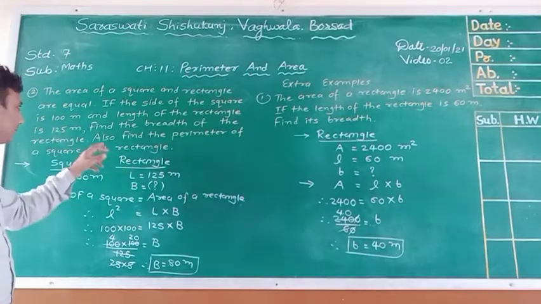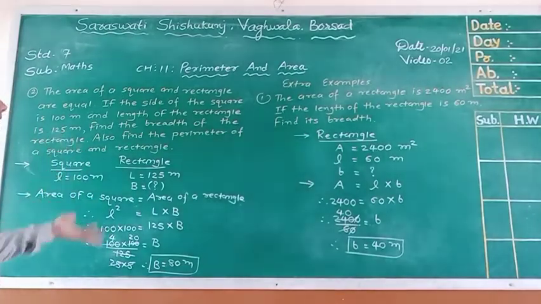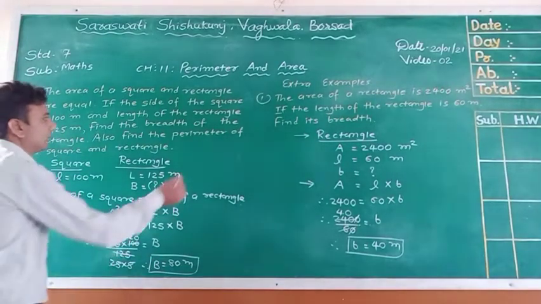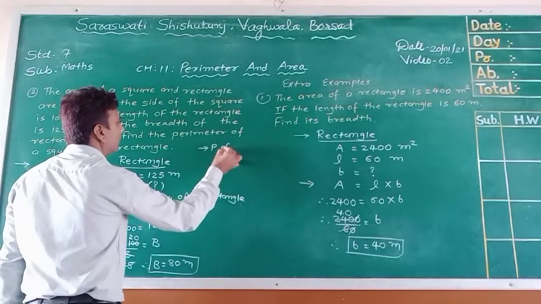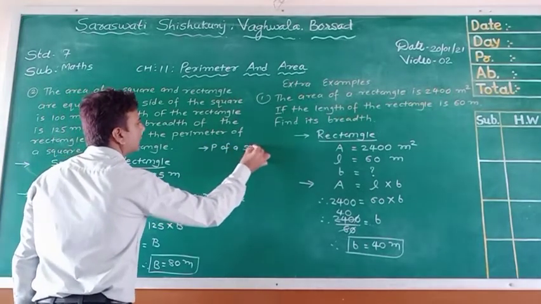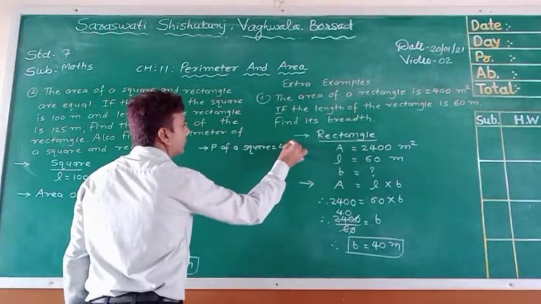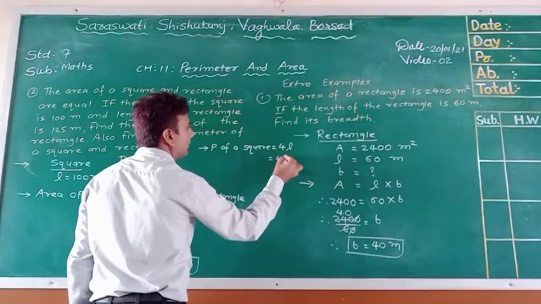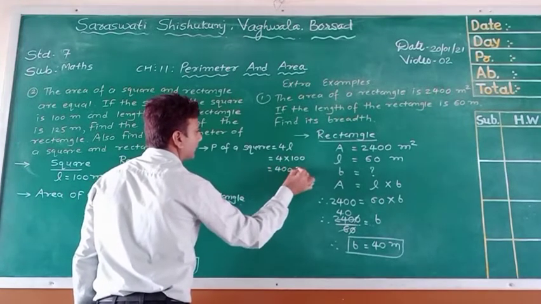Next condition: also find the perimeter of a square and rectangle. So here the perimeter of square equals 4 into L, 4 multiply 100 equal to 400 meter.